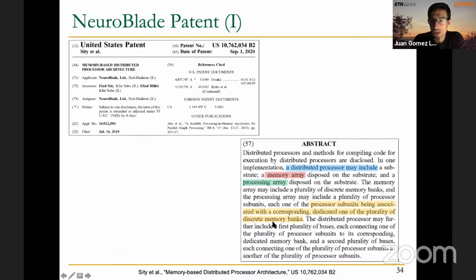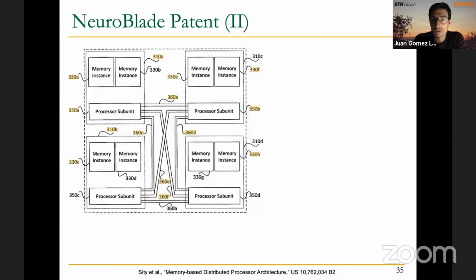So as you see, a similar approach to the ones we have discussed in previous lectures. But something kind of different, apparently, according to this abstract, in this architecture is that each of these processor subunits is connected to other processor subunits. So it seems to be directly connected.